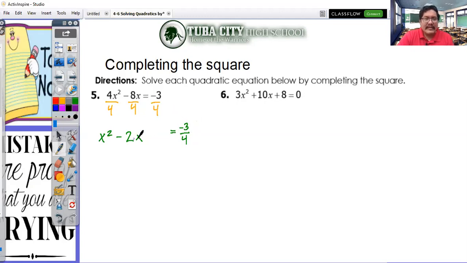Anyway, so let's go ahead and get our new c value for this side here. So same rule. Get our b value, take it, half it, square it, which in this case would just be plus 1. So I'm going to have to add 1 here.